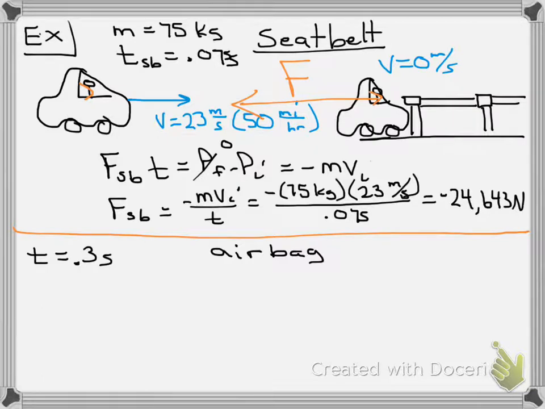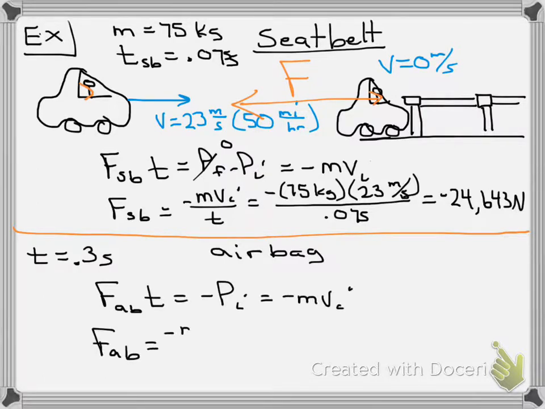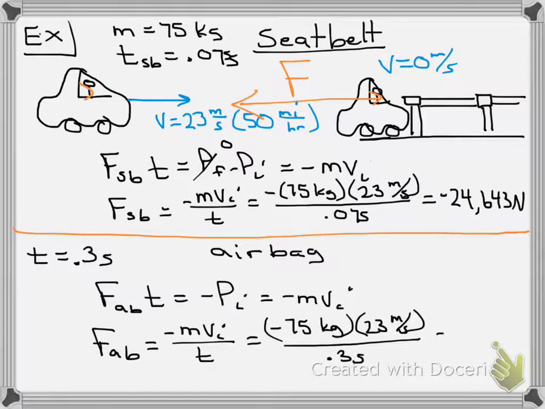The car may come to rest sooner, but the person can keep moving as the airbag deflates. So we have the same change in momentum, but with the longer time, we have a much smaller force. Something that still might cause some injury, but not necessarily death.